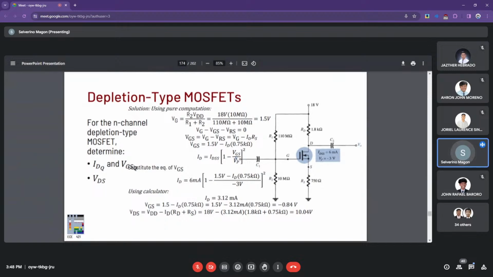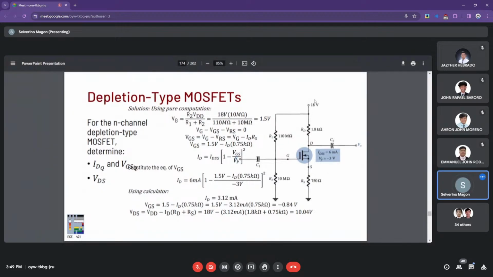Okay, so what we can see here is that in the case of the depletion type, the same calculations were followed, no? Like in our JFETs. The first one is for the voltage divider. We just solve for the voltage across this one. So at R2, you can see that the difference in the resistance values is roughly a 10 to 1 ratio.